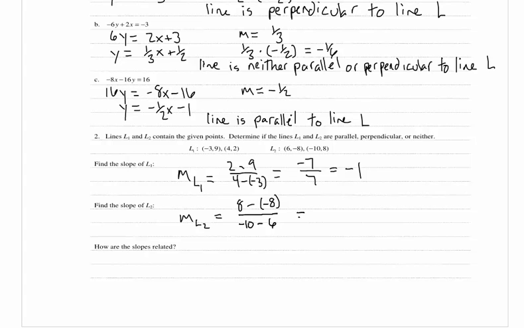So we have 8 minus a -8 is 16, divided by negative 10 minus 6 is negative 16. 16 divided by negative 16 is negative 1. And then they're asking how are the slopes related? And the slopes are equal. So the lines are parallel.